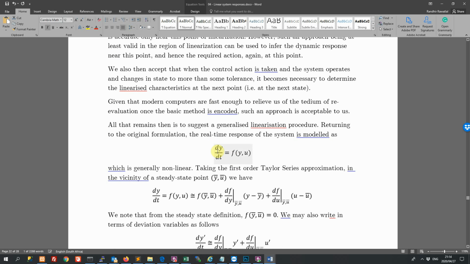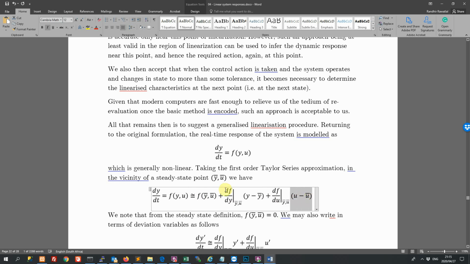So if you have some nonlinear differential equation, then using that deviation style concept, you can expand, and it's more like a first order Taylor series expansion. You can expand this nonlinear function into the value at some steady point, plus the derivative with respect to the output multiplied with the deviation from the steady state, plus the derivative with respect to the input multiplied by the deviation of that input.